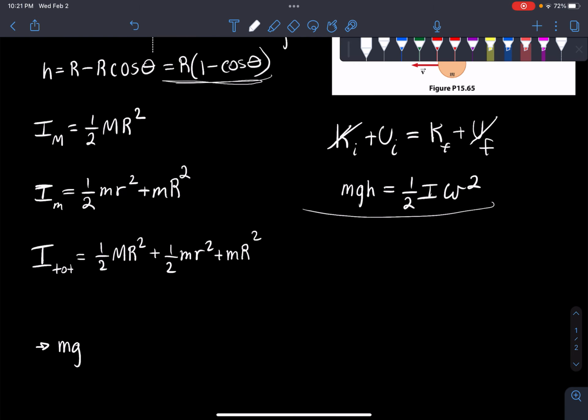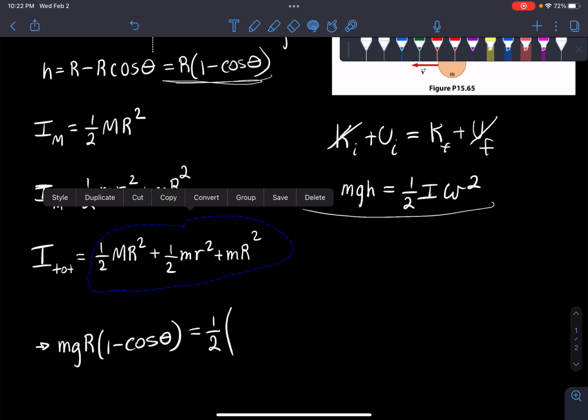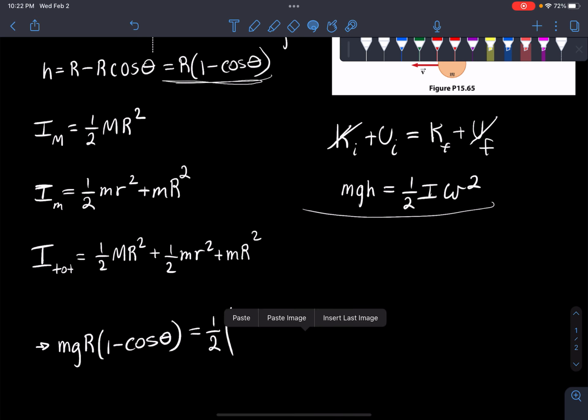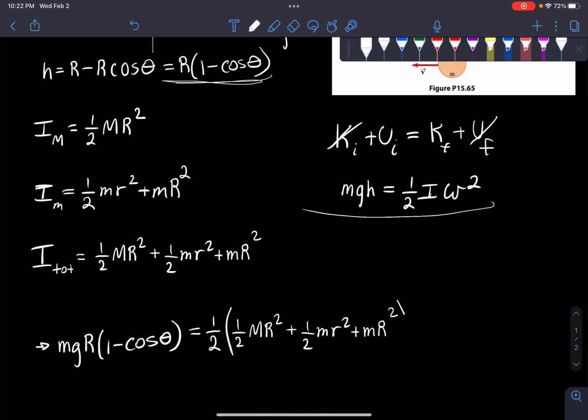So that's just capital R times 1 minus cos theta. And that's equal to 1/2 times this moment of inertia, which I'm just going to copy and paste because it's kind of a long expression. And then this omega squared.